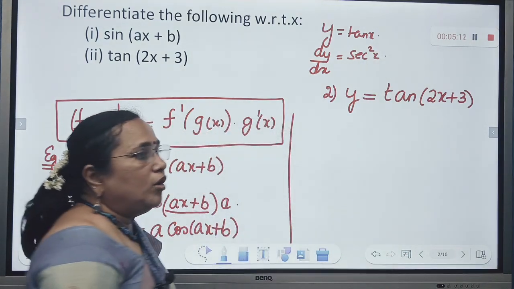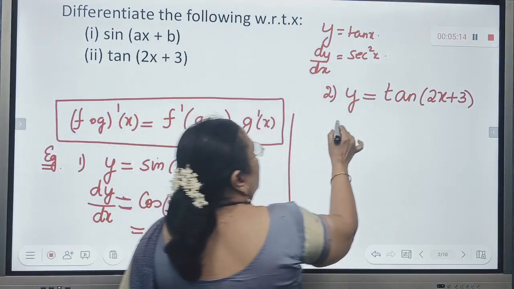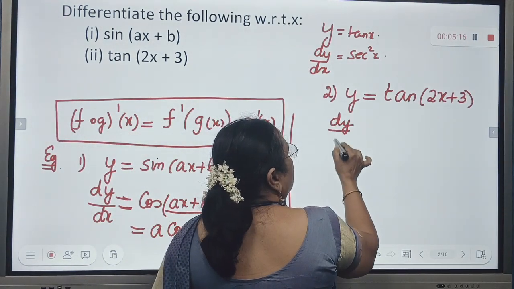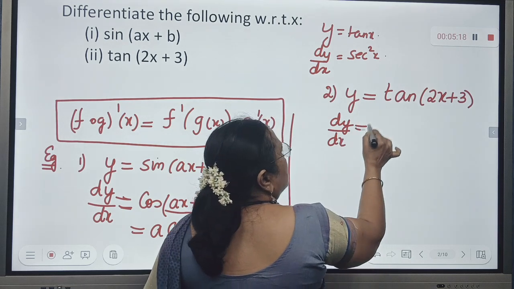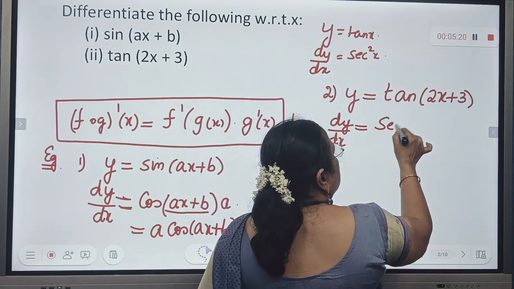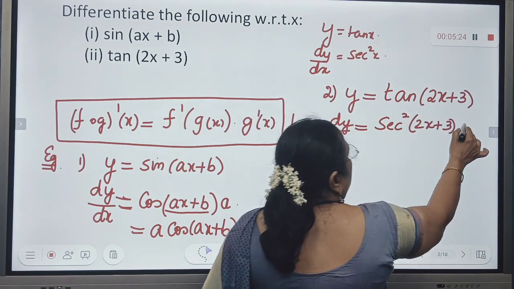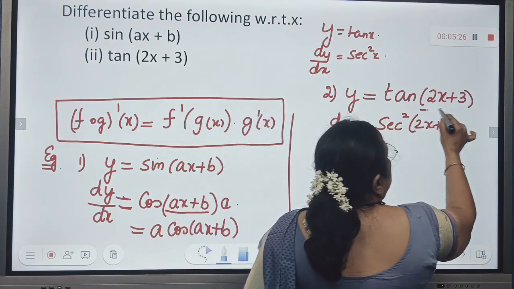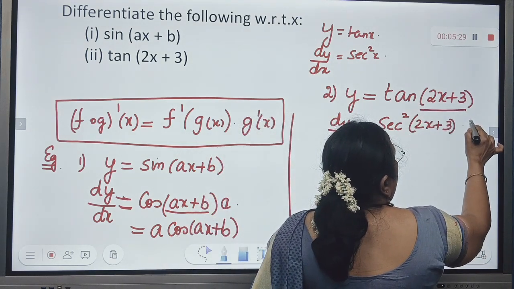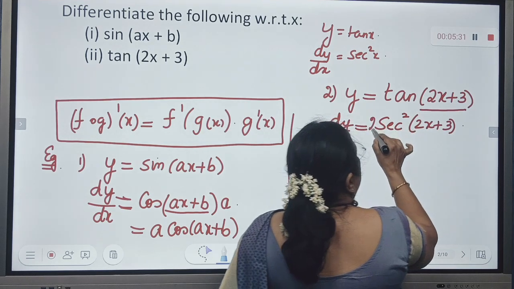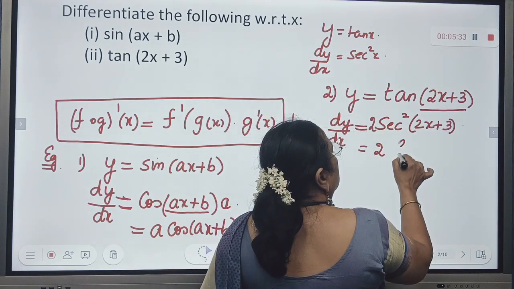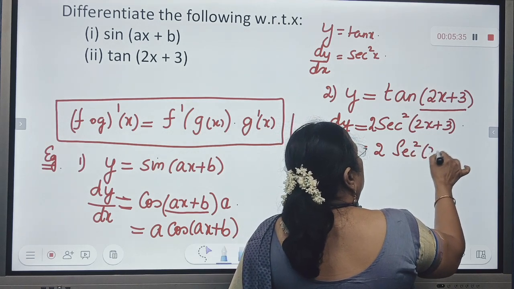So if y equals tan of 2x plus 3, dy by dx will be, first differentiate the tan function. What will I get? Secant square of 2x plus 3 into the derivative of 2x plus 3. What will I get? Into 2. So 2 times secant square of 2x plus 3.